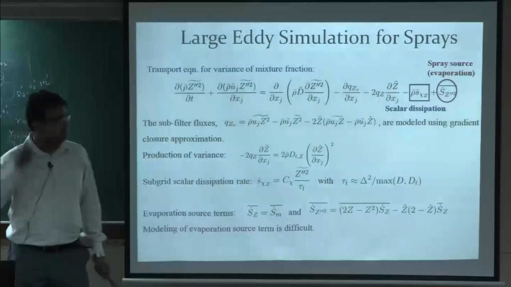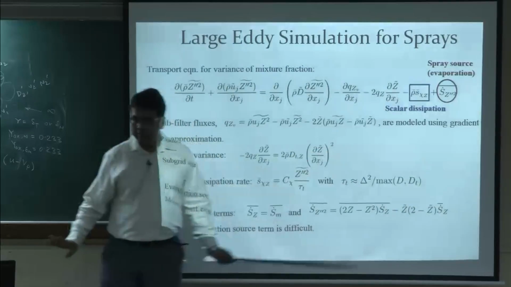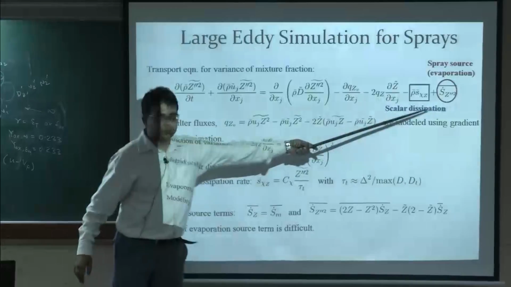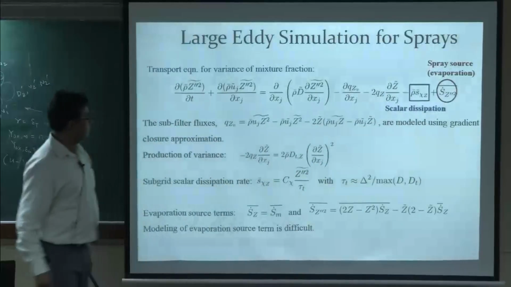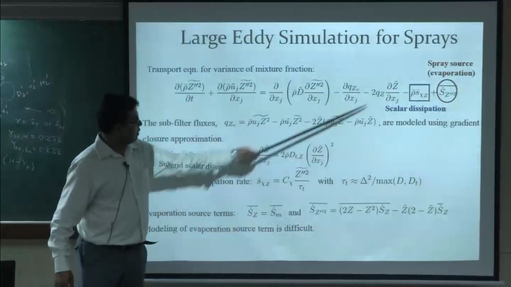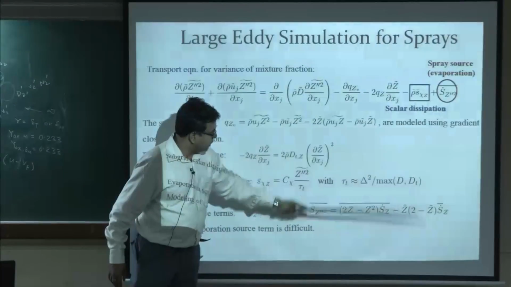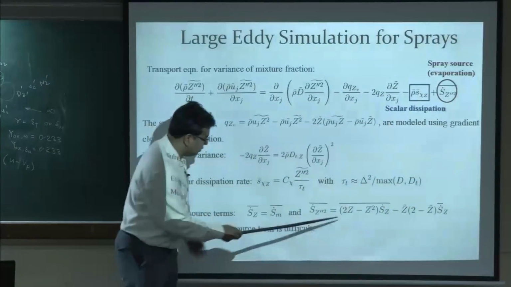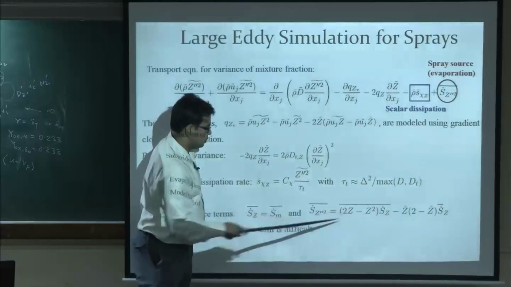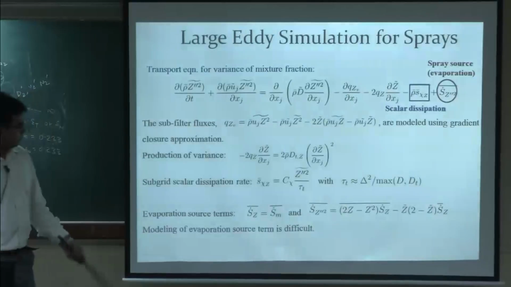That is true for the gaseous phase. At equilibrium this term will be equal to this term and we are good, but when there is an evaporating spray, there is an additional source term which we cannot neglect, okay. Now, this is the full form of this term, shown here. You can see that this is the instantaneous mixture fraction, this is the rate of evaporation, okay, and we need to average this term.